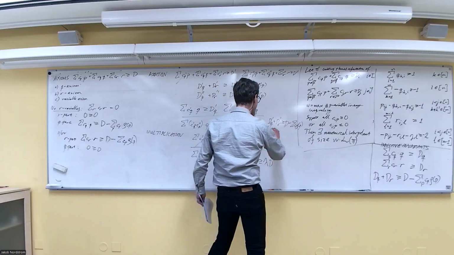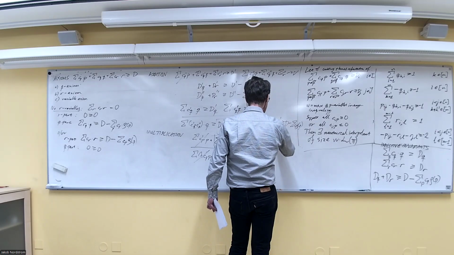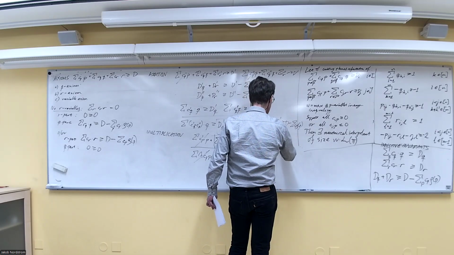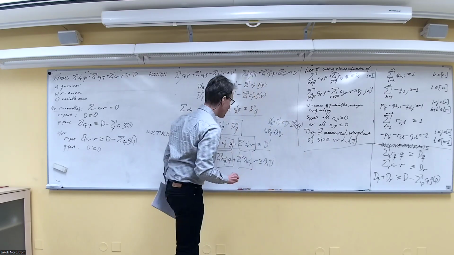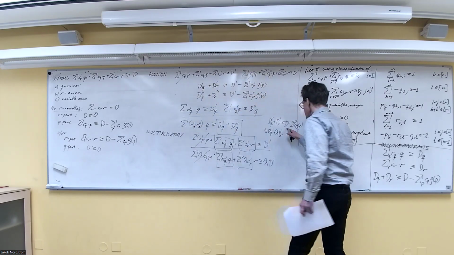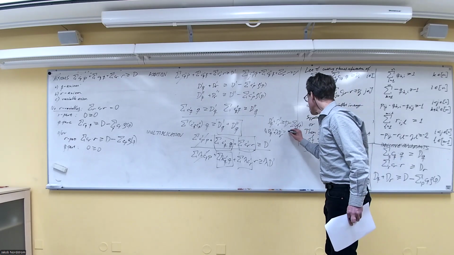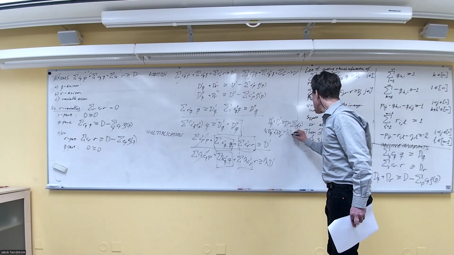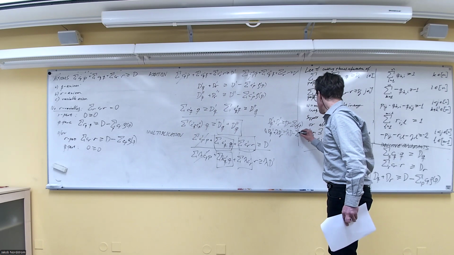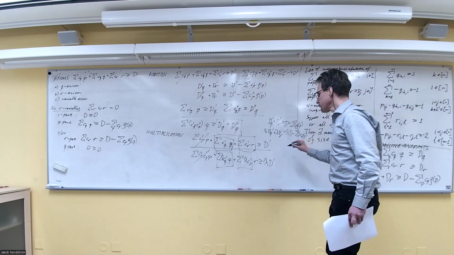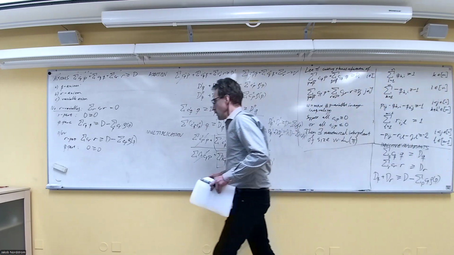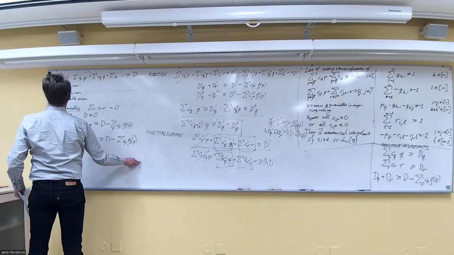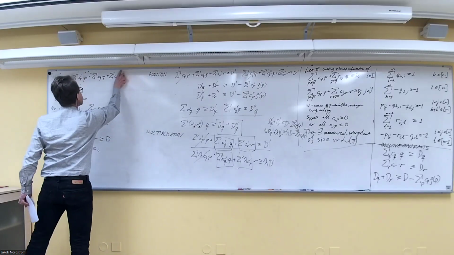Well, afterwards, we're just going to have lambda dq plus lambda dr. But what are we going to have on the other side? Well, we're multiplying through by lambda everywhere. So nothing really happens. Okay, so we're kind of done, almost.